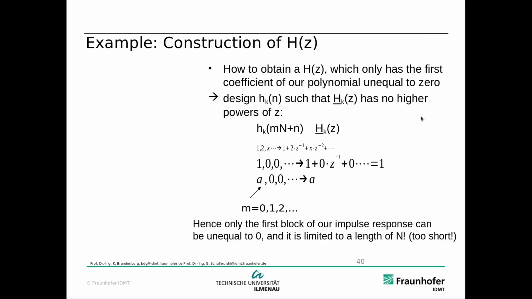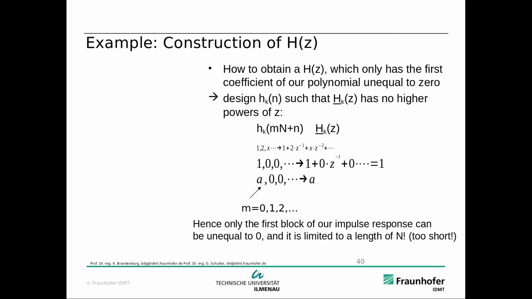Here's an example. We have a construction of H(z) which only has the first coefficient of our polynomial unequal to 0. That makes it really easy. If you have a very short impulse response, only as long as one block, then there's not much left in the polyphase case. It's just the first sample left.